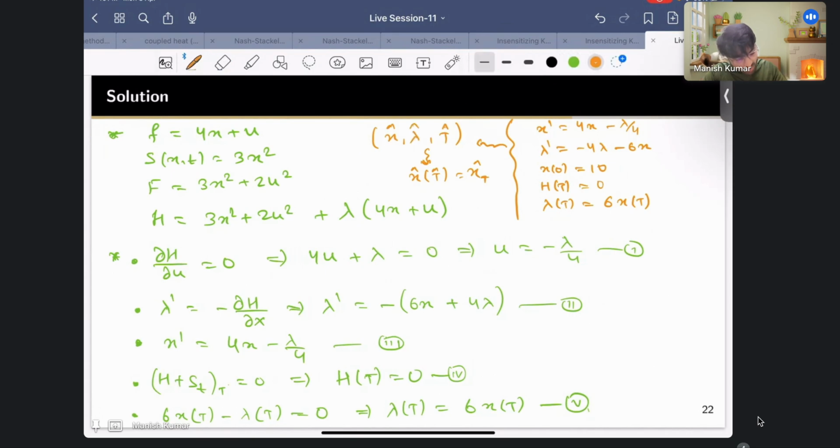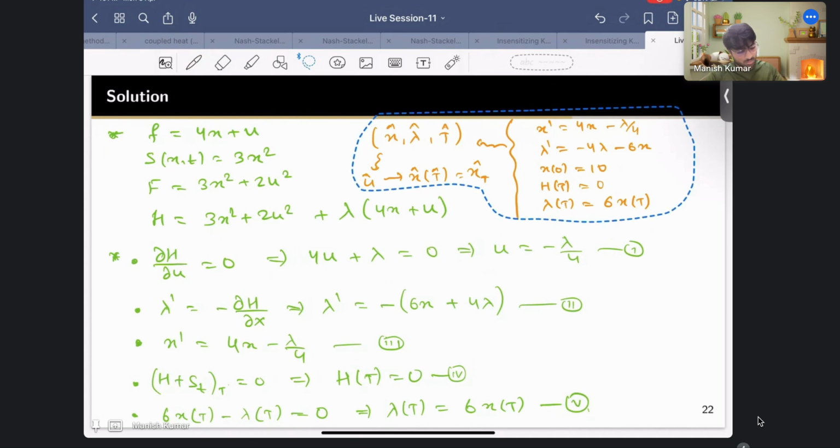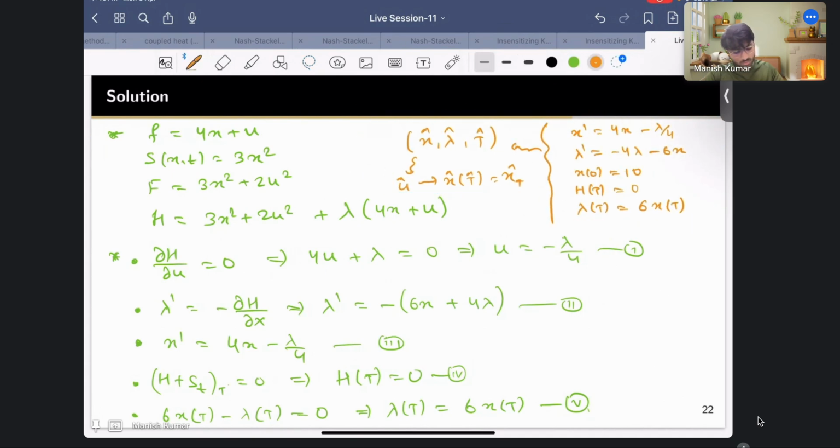So you'll get lambda hat, but then if you substitute it you will get u hat, because you know u is given as minus lambda by 4, and then you can use it to get x hat at T hat. Okay, so that's all I had to say for today.